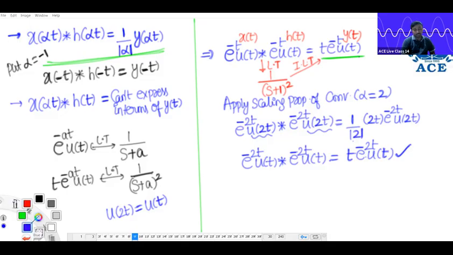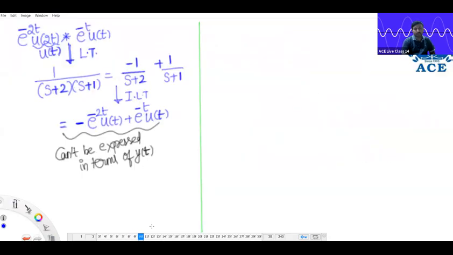So let me explain the significance of this property, the reversal property. X of minus t convolved h of minus t is y of minus t. See, if you take ut convolved with e power minus t ut, we know the answer can be written as 1 minus e power minus t ut.